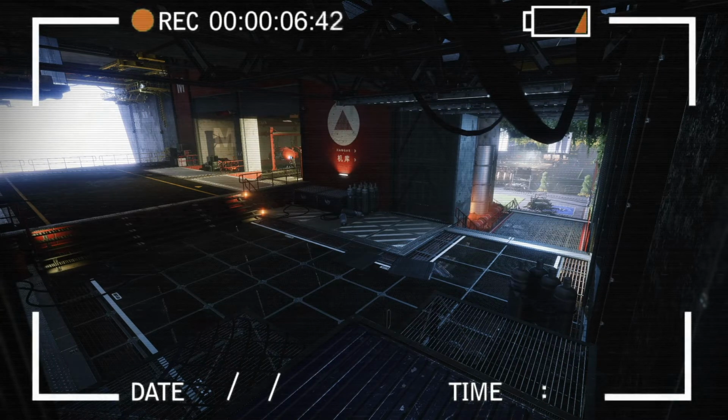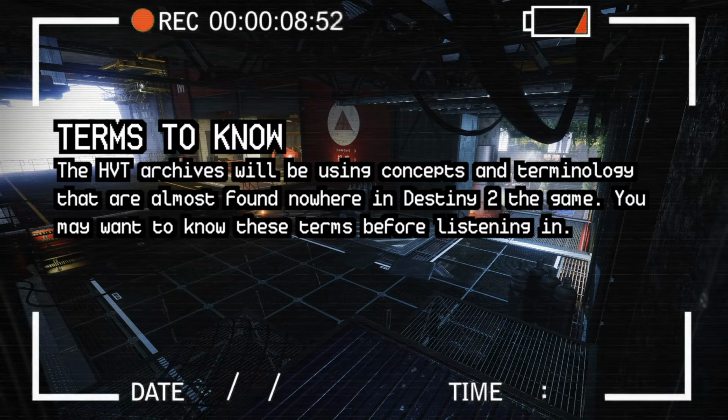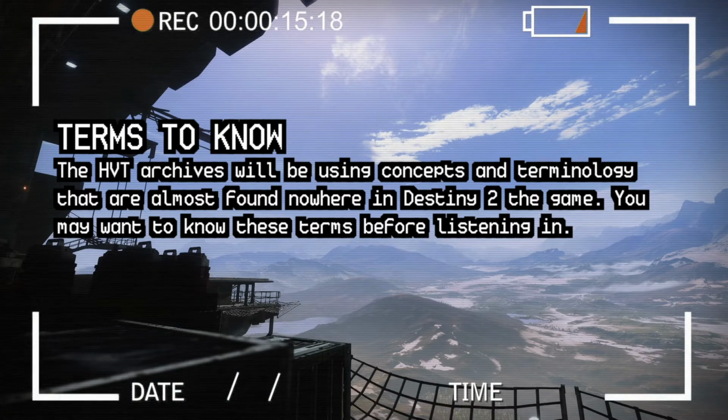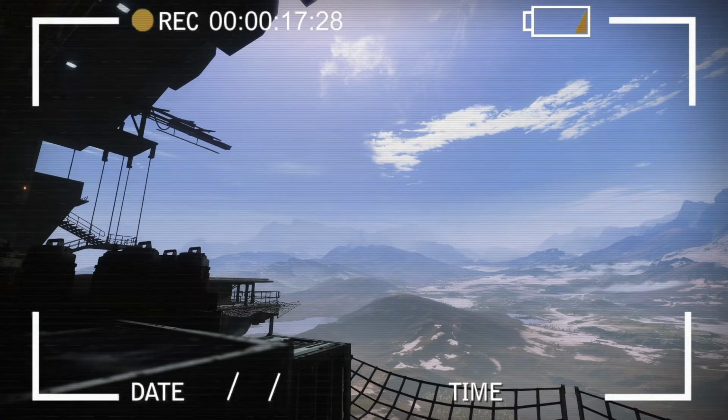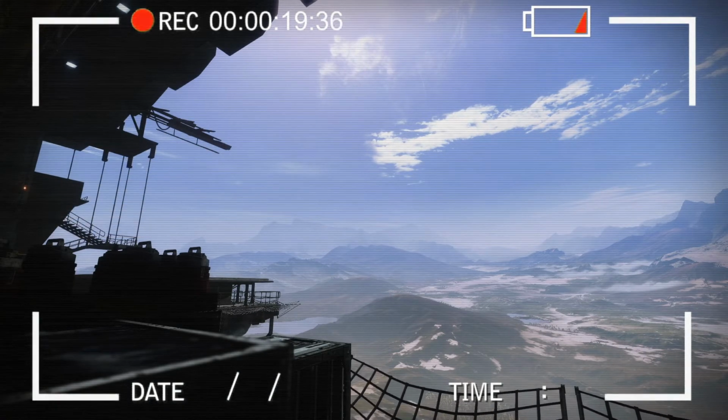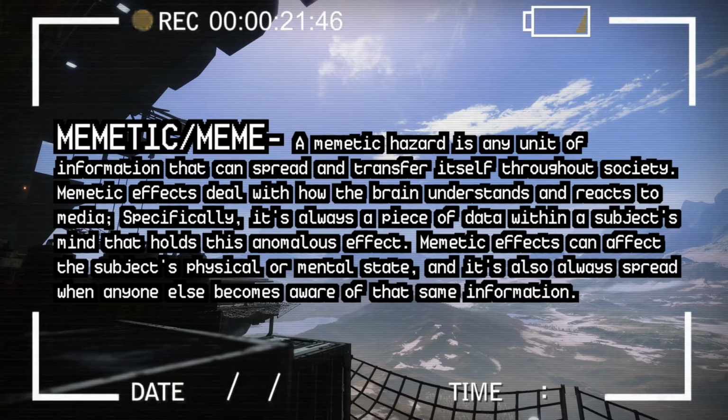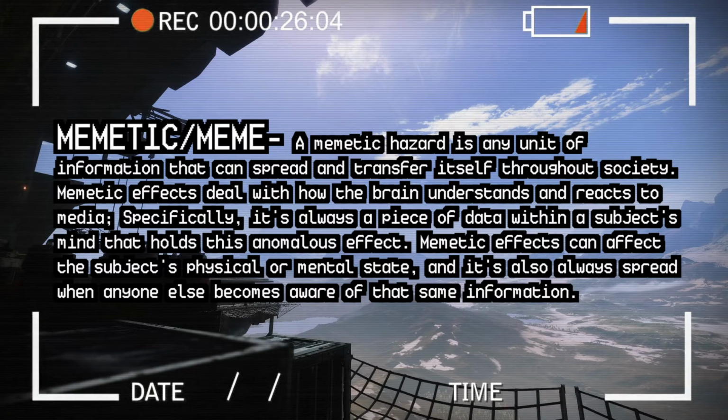Terms to know. The HVT archives will be using concepts and terminology that are almost found nowhere in Destiny 2, the game. You may want to know these terms before listening in. Hazards. Memetic or meme. Memetic hazard is any unit of information that can spread and transfer itself throughout society.